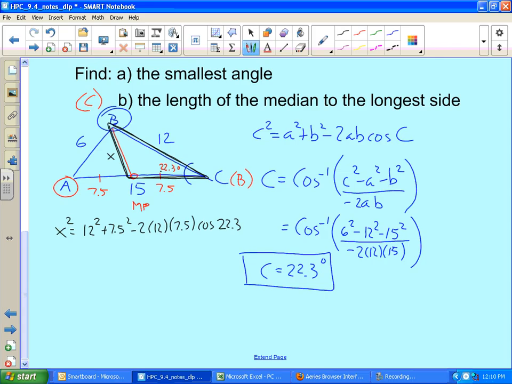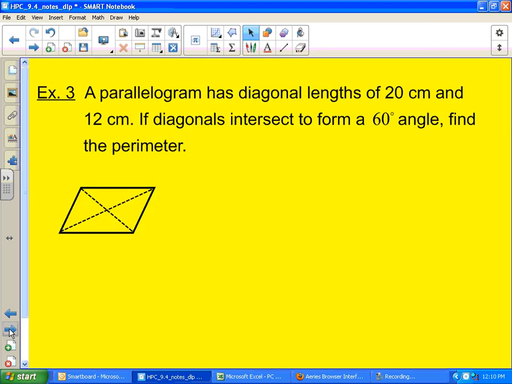Now, if you did that, then you would have had 6 right here, right? Because your C has to be across from the angle that you have. So I have to move my 6. Whatever that answer is, obviously that's what x is going to be.